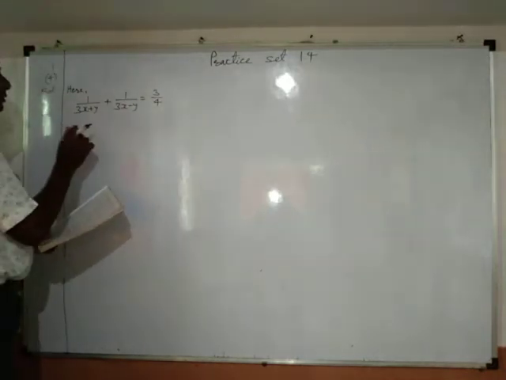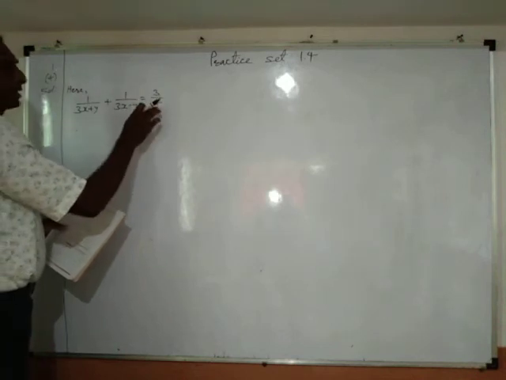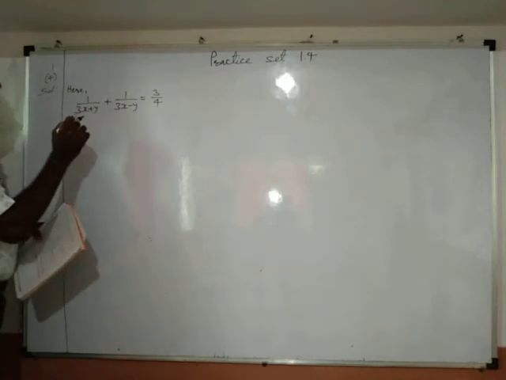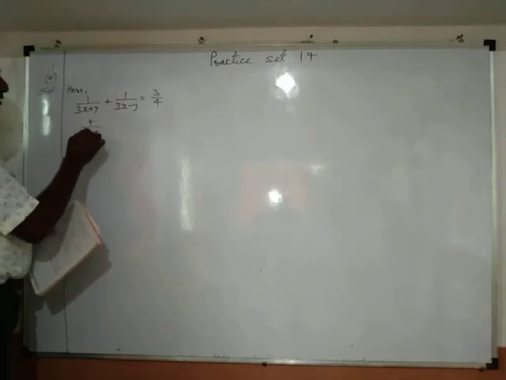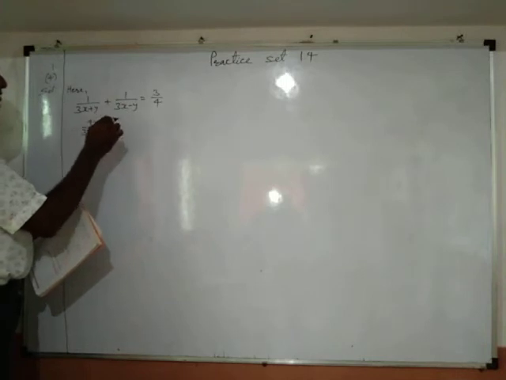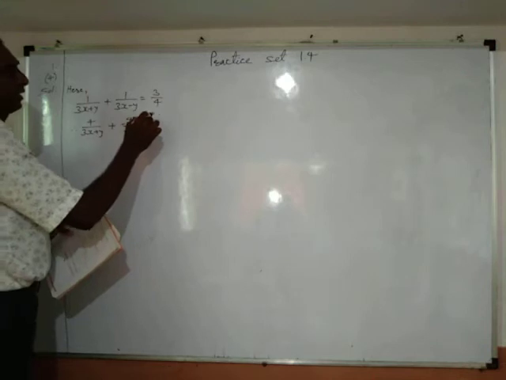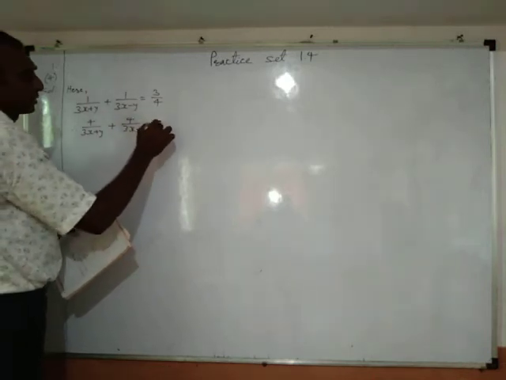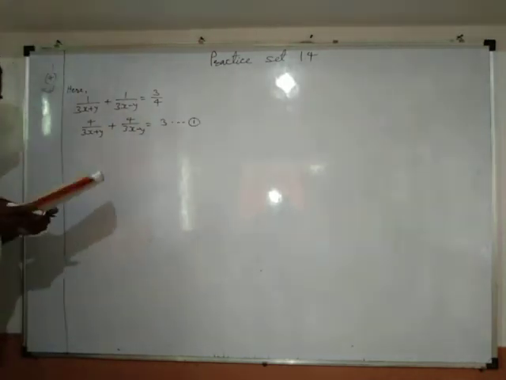Therefore, first of all, let's remove the denominator of the right side. Therefore, it will become 4 upon 3x plus y plus 4 upon 3x minus y equals 4 into 3 upon 4 gives us 3. Let's call it equation first.